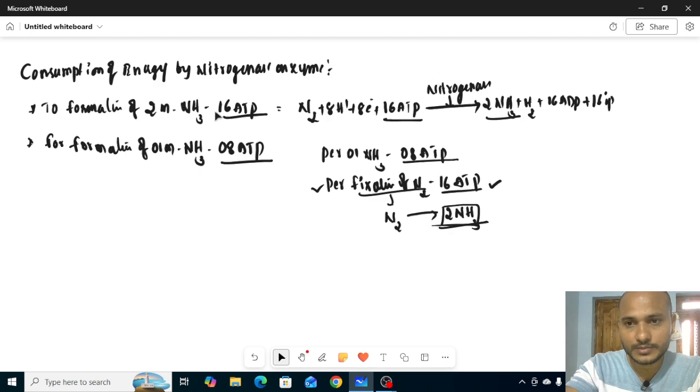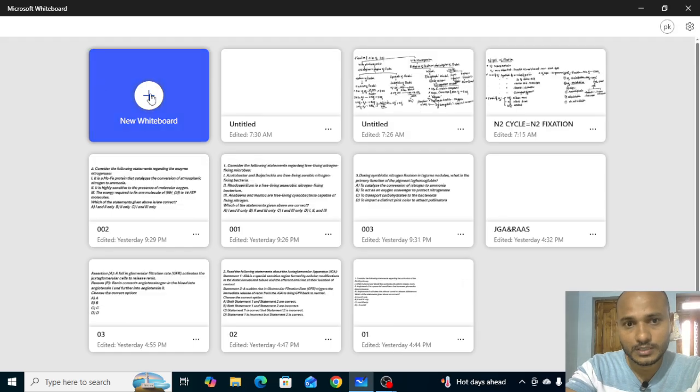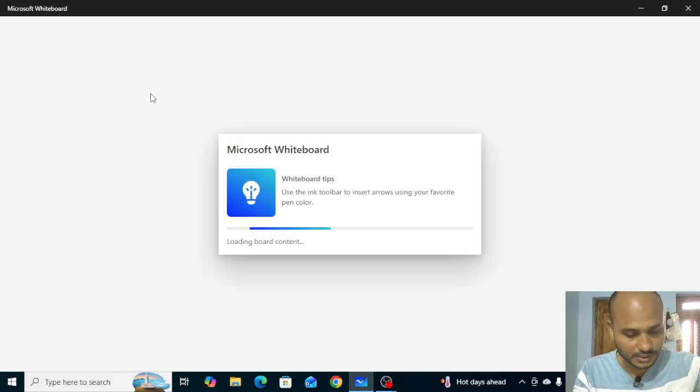Now we will discuss how biological nitrogen fixation happens and what microbes are used in biological nitrogen fixation. We will discuss in detail.